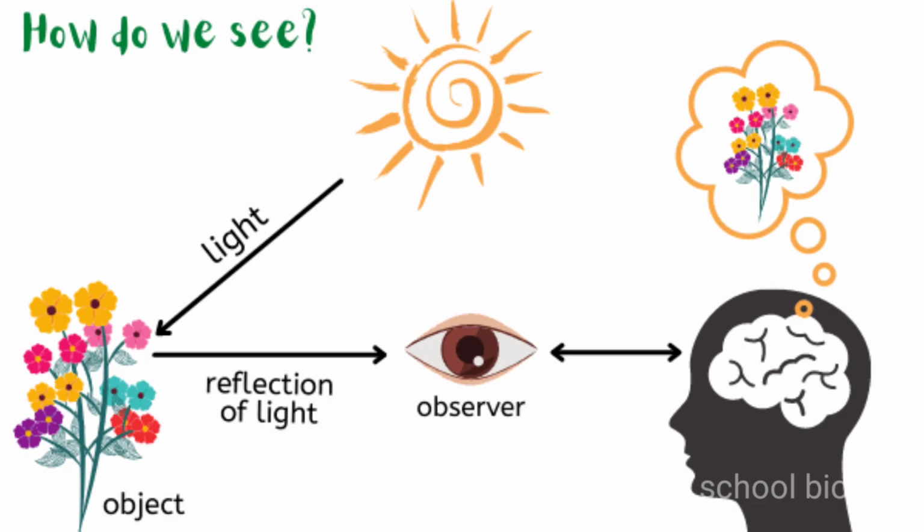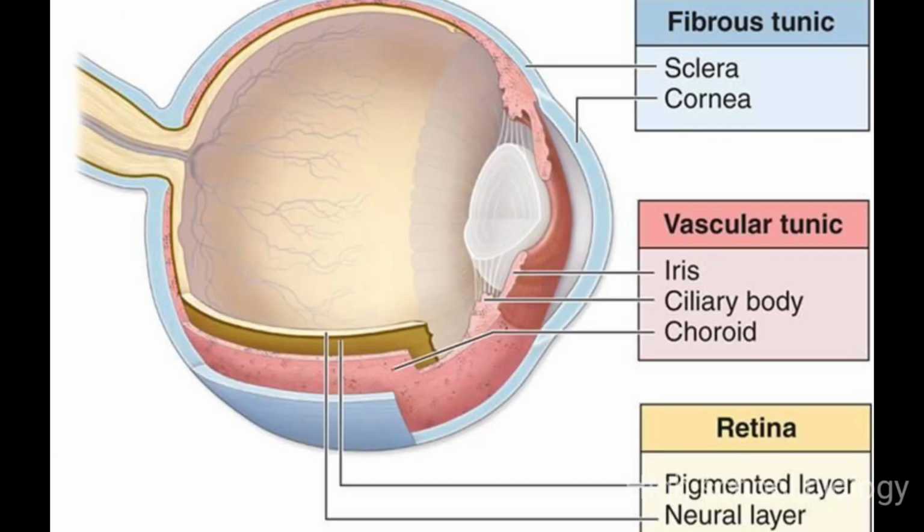The brain turns the signal into the image which you see. The wall of the eye is composed of 3 layers: fibrous tunic, vascular tunic, and neural tunic.